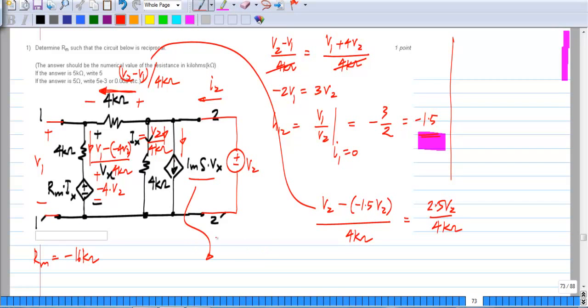So this current here is 1 millisiemens times Vx, which is minus 1.5 times V2, and this is equal to minus 1.5 millisiemens times V2. Okay. So I2 is the sum of these three components.